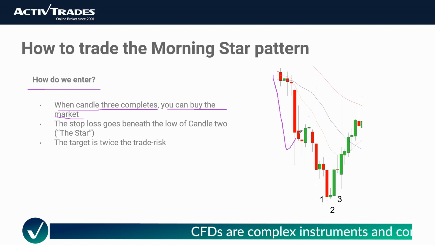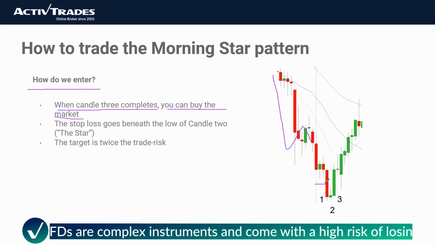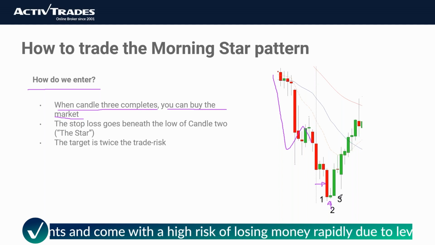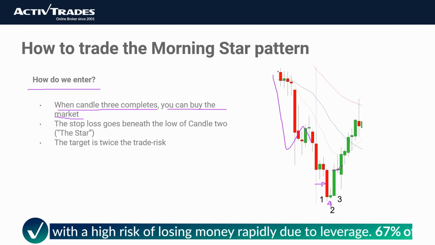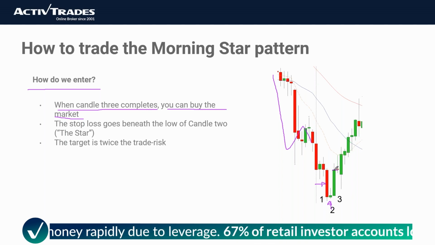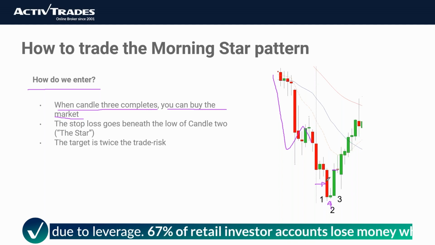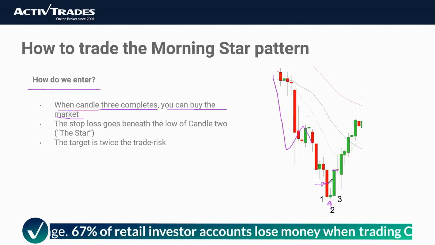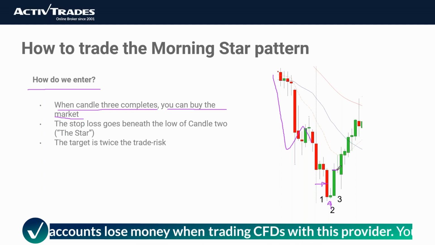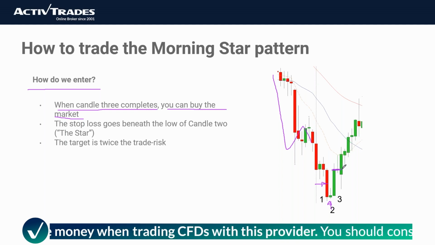In this particular case, you can see that the market has been in a significant downtrend, and then we get a strong bearish candle, sort of a hanging man candle, a reversal candle, and then it's completed with candle 3, which is a strong bullish candle, which has closed very much way above 50% of candle 1. That's giving us a real indication of the strength there. So once that candle closes, you're able to buy the market.